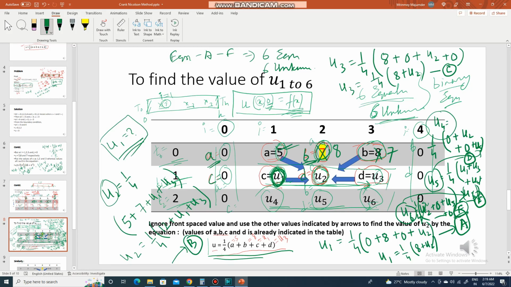So here U6, you put it into U5, then U5 to U4, then U4 to U3, then U3 to U2, then U2 to U1, and then this time you will get the value of another U. Okay. So in this way, by chain reaction, you can solve these 6 equations to find the 6 unknowns.